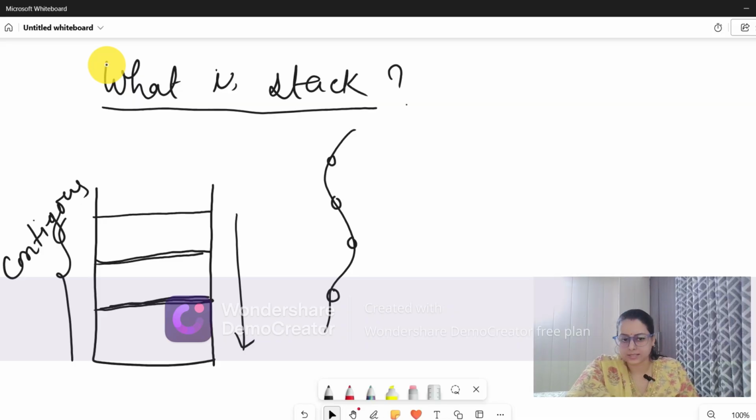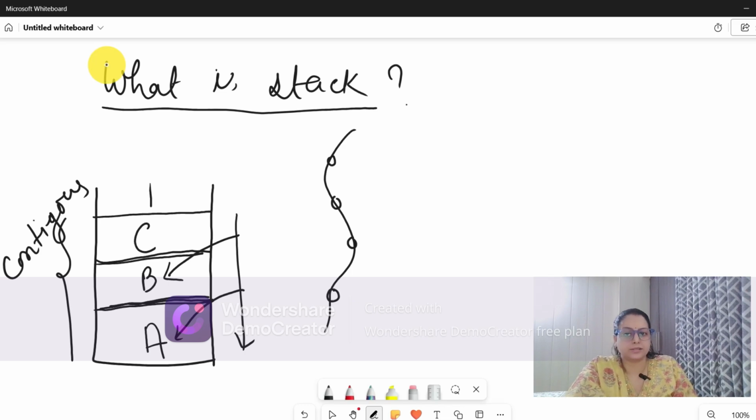Now in this data structure, how the elements will be inserted, that needs to be understood. First of all, the first element will go in the first block. Suppose A is the first element that is placed. Then the next element will be placed after the first element. Then after that, the next element, and after that, the next element.